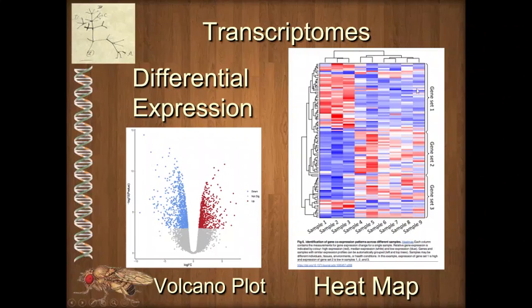Okay? But a heat map is basically a comparison across samples and across different genes and gene sets to see which samples have similar expression profiles, like samples 4, 5, 6, 7, 8, 9 have roughly similar. Some are overexpressed in red, some are underexpressed in blue, but they're roughly similar, whereas samples 1, 2, and 3 have very different expression profiles from the rest of them.